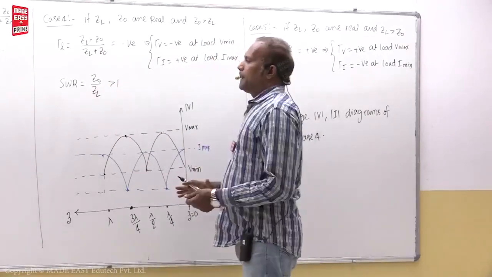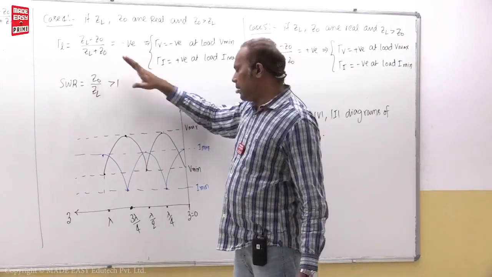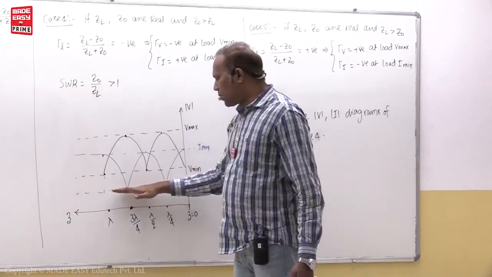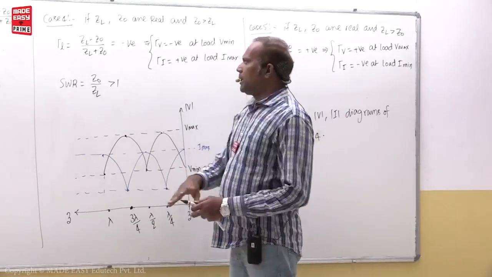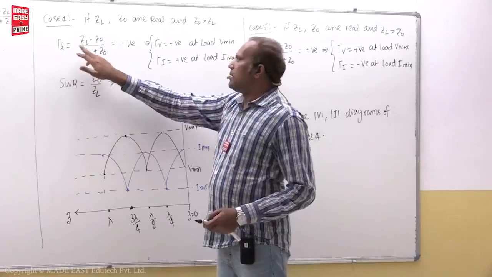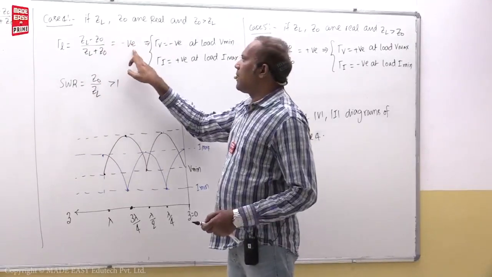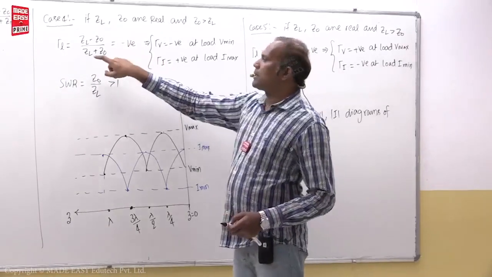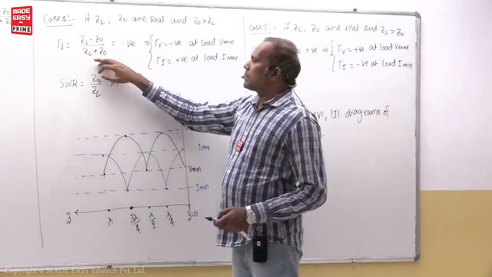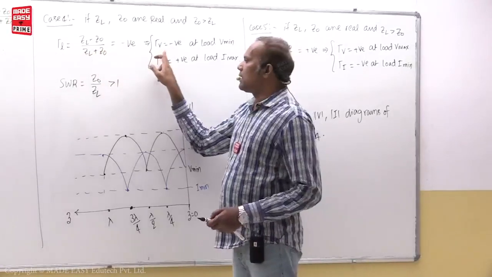So here it is not infinity. If not infinity, then these minimum values are not equal to 0. Okay, anyway, that is not that much important. You see this one, gamma L is ZL minus Z0 by ZL plus Z0. Z0 is bigger, then gamma L is negative. If gamma L is negative, then this gamma L is nothing but the voltage reflection coefficient. Gamma L is voltage reflection coefficient.